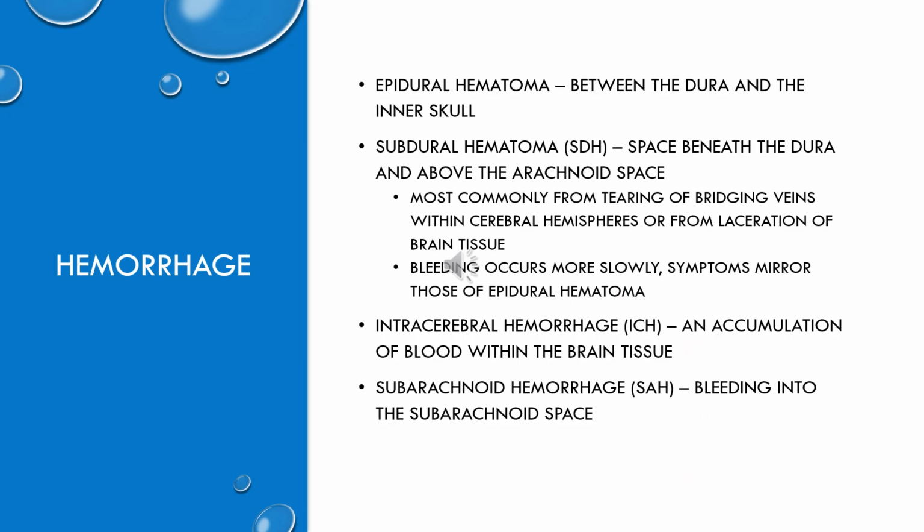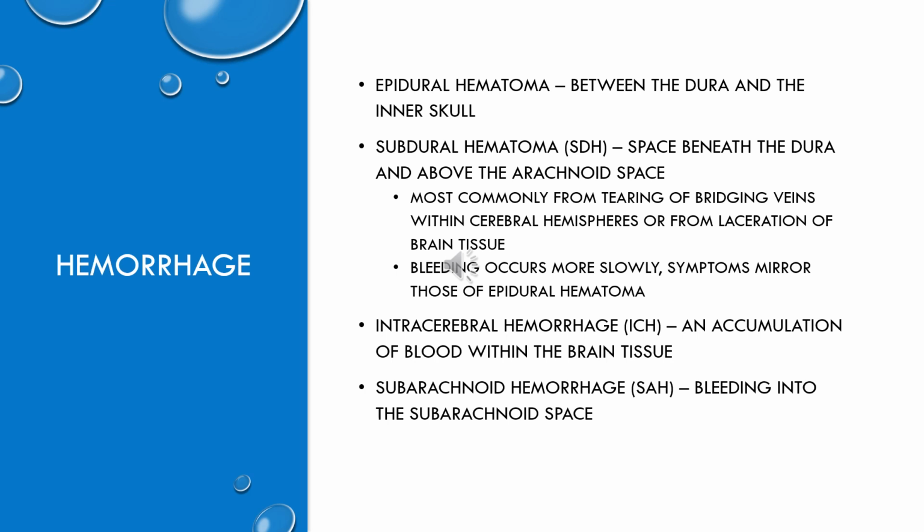So this is just a real quick look at some of the different types of hemorrhages or hematomas that can occur. I know when I very first started teaching head trauma, brain bleeds and stuff like that, we really focused in on the different ones quite a bit, but anymore we don't, because really the most important thing for you to understand is how do you take care of it, because a lot of times it doesn't really matter where the bleed itself is, the care stays relatively the same.